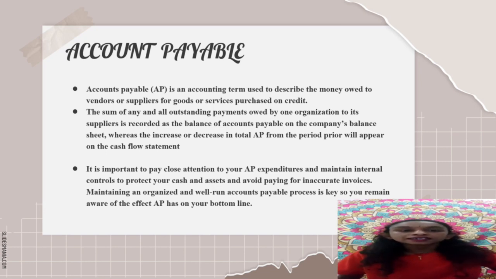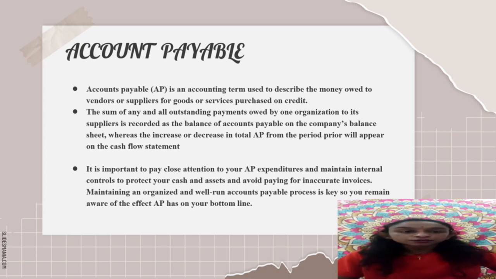The sum of any and all outstanding payments owed by one organization to its suppliers is recorded as the balance of accounts payable on the company's balance sheet, whereas the increase or decrease in total AP from the period prior will appear on the cash flow statement.